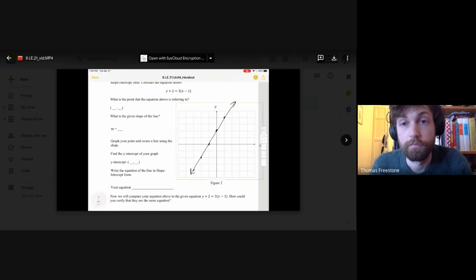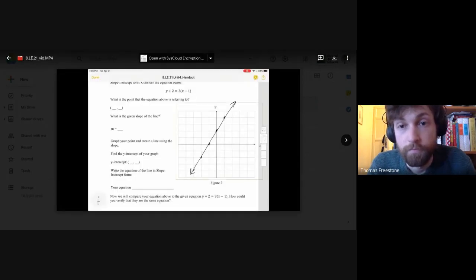And you would identify the slope by drawing triangles. And remember, it doesn't matter where you draw your triangle as long as you go from one point on the line to another point on the line. These are similar triangles, and so any of these will give us our slope.